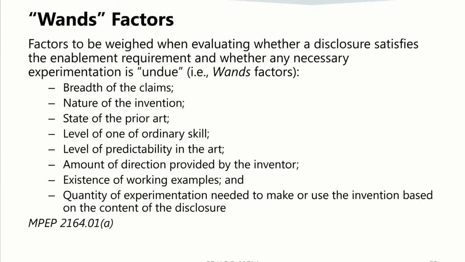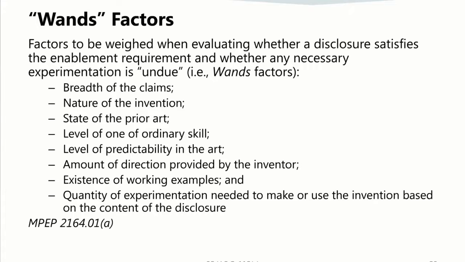In 1988, the Federal Circuit outlined various considerations for determining whether the amount of experimentation could be considered undue. The determination of what constitutes undue experimentation in a given case is based on what is considered reasonable by one of ordinary skill in the art, taking into account the nature of the invention and the state of the art.